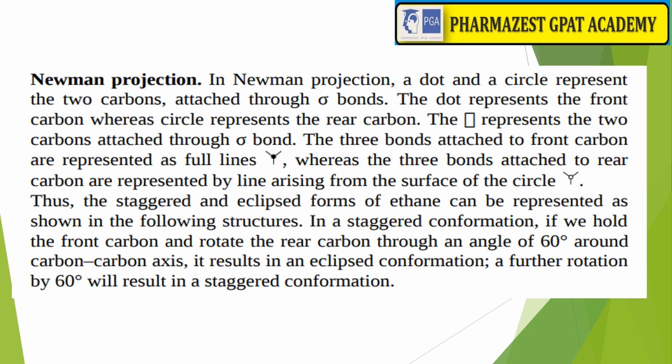Next, coming to Newman projection. In Newman projection, a dot and a circle represent the two carbons attached through a sigma bond. The dot represents the front carbon, whereas the circle represents the rear carbon.